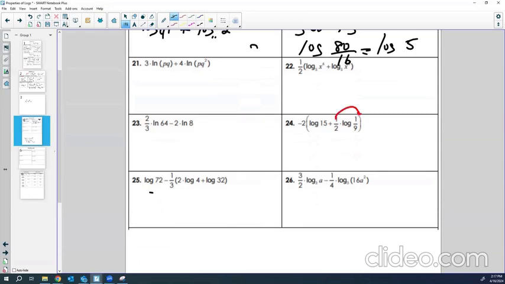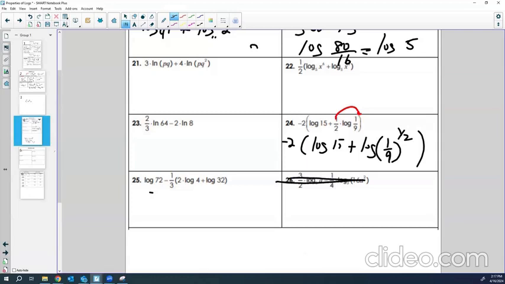So now that's gonna give me -2 parentheses log base 10 of 15 plus log of 1/9 to the 1/2. Now, what is 1/9 raised to the power of 1/2? 1/3. Exactly 1/3. I'm taking the square root of 1/9, which is just 1/3. So now this becomes -2 times log of 15 plus log of 1/3.